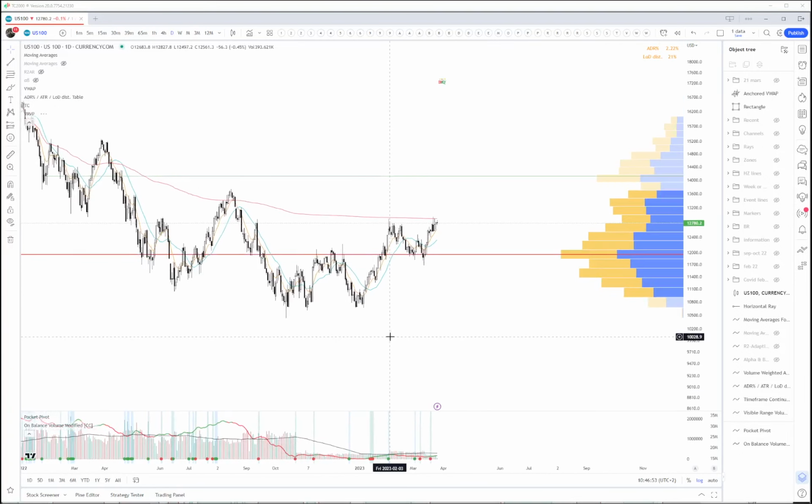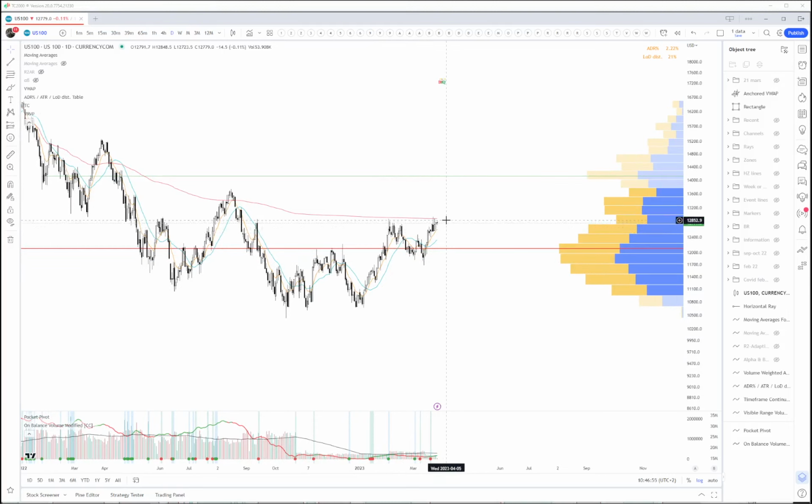Here. Okay. So when we come up here, we see yellow is down and blue is up, volume. But mostly we're looking at the amount of volume. So this is the control point, right? When we came up here, we tested that control point. One could see it as that.